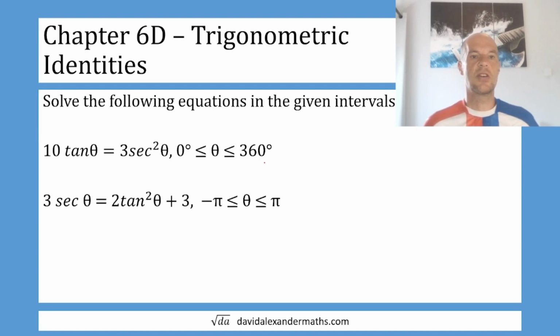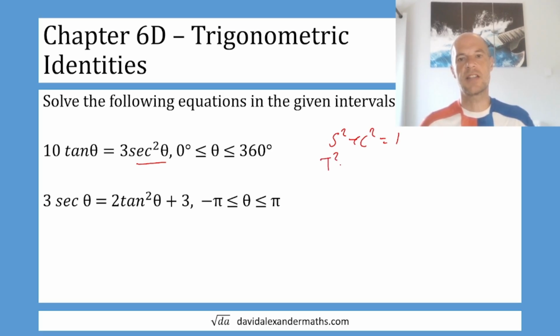Okay, so here we need to solve a couple of equations. I've got my first equation in terms of tan theta and sec squared. So what I'm going to do is turn the sec squareds into tan squareds, and then I'll end up with a quadratic equation with a tan squared, a tan, and maybe a number hanging out the back. So I've got my sine squared plus cos squared equals 1. This is the one I'm going to divide through by cos squared. So tan squared plus 1 is sec squared.